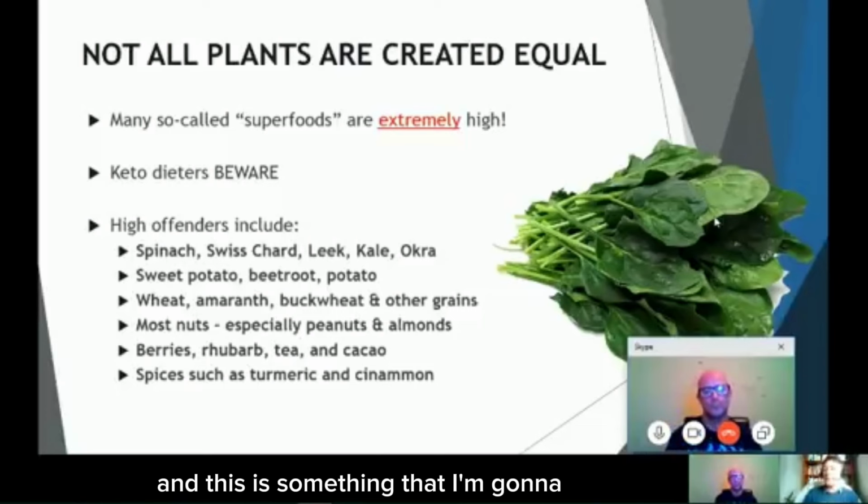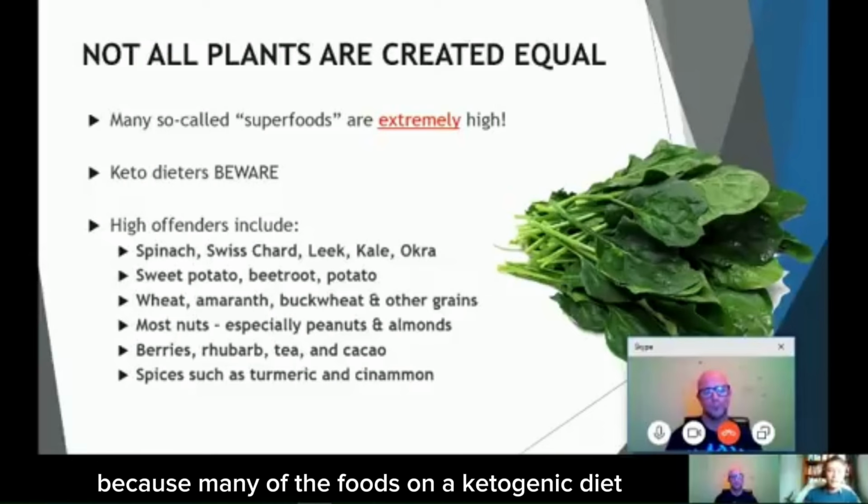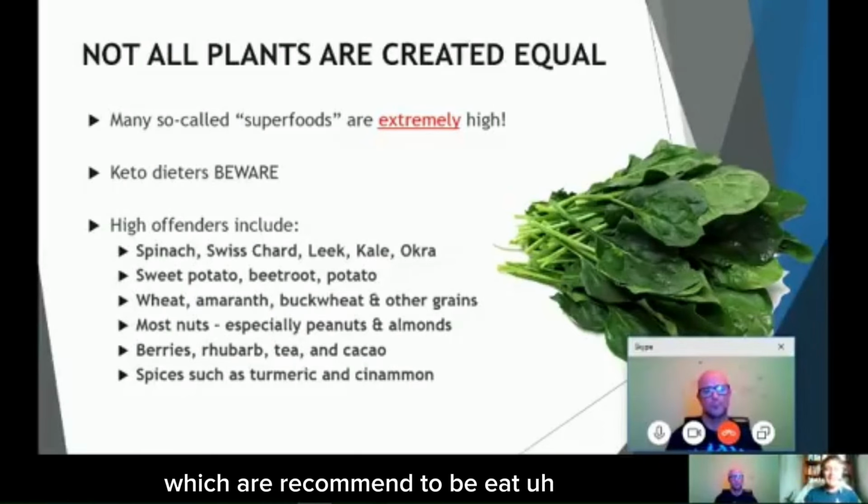And this is something that I'm going to try to emphasize throughout, that people who follow ketogenic diets need to be aware of this, because many of the foods on a ketogenic diet, which are recommended to be eaten liberally, are things like spinach, kale. In the paleo community, you have sweet potato and beetroot.